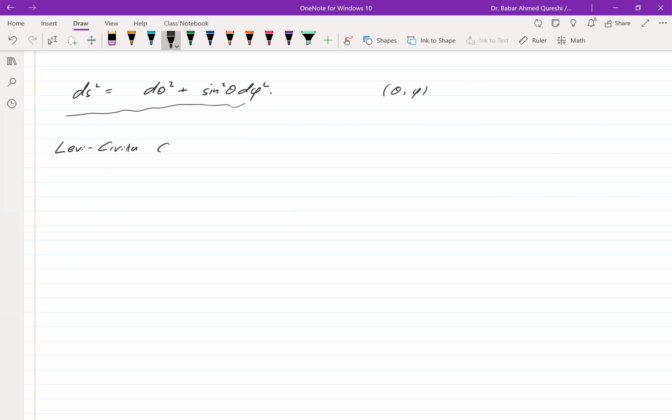The Levi-Civita connection, or Christoffel symbols, for the sphere, or I should say for this metric.